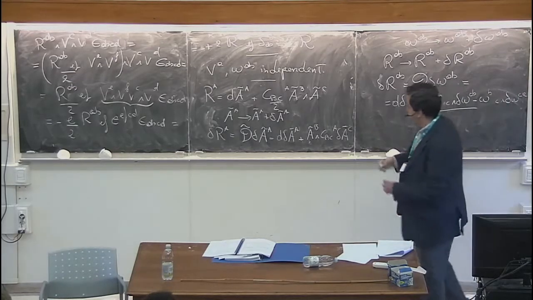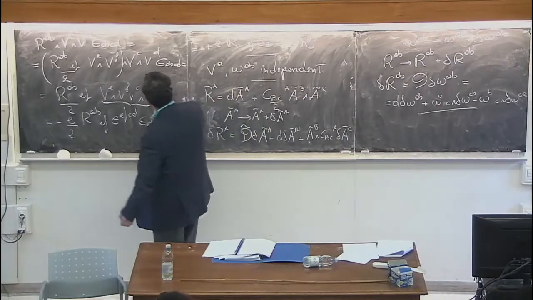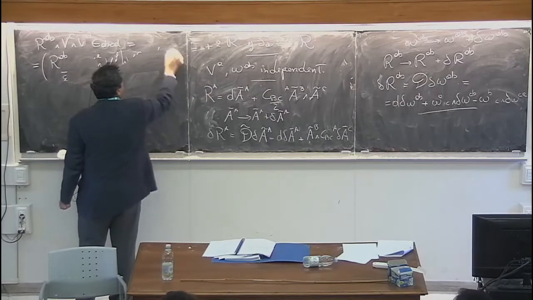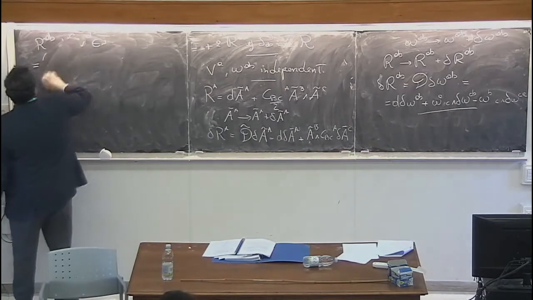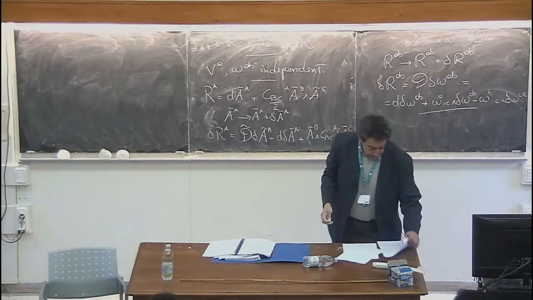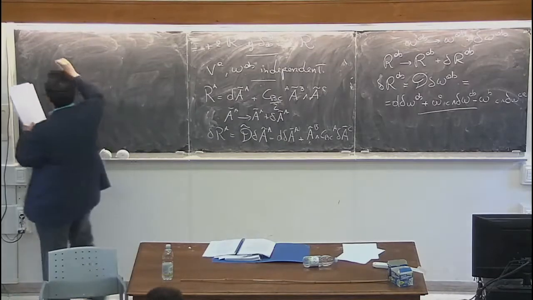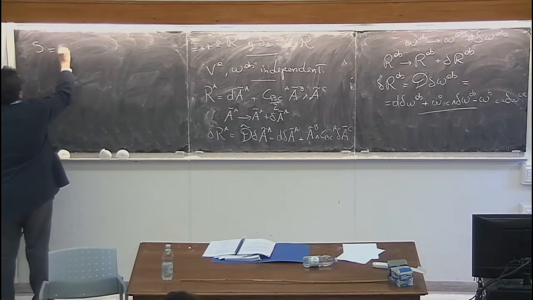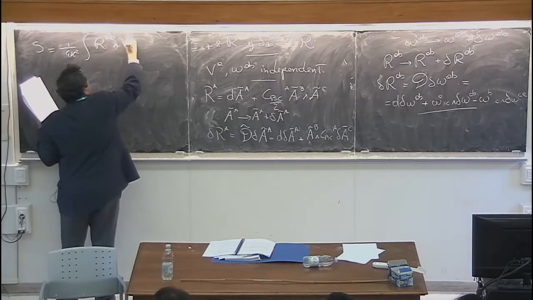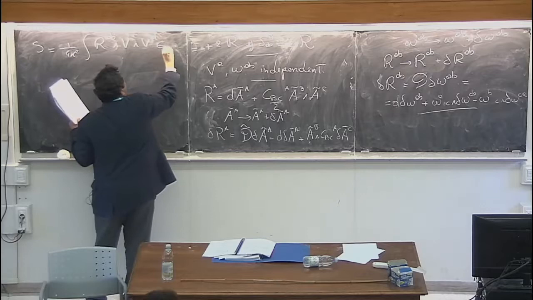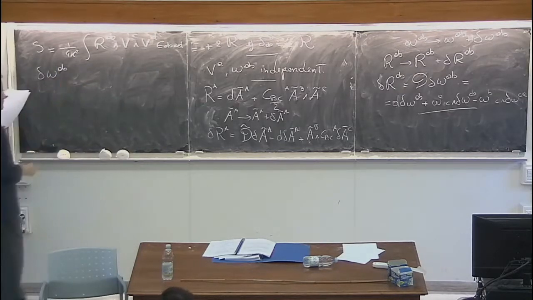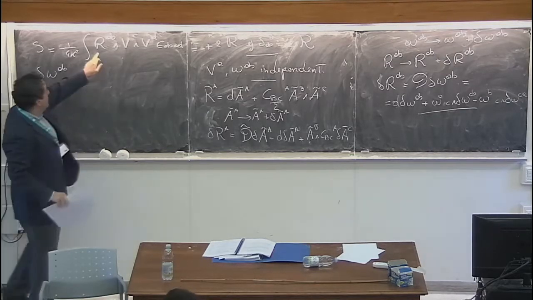Now let's take the Einstein-Hilbert action written in terms of forms and their exterior derivatives, and vary it with respect to omega^AB. Omega^AB is just inside here.